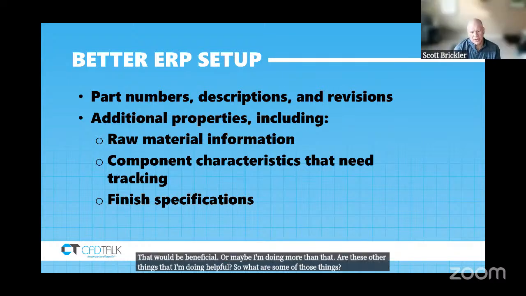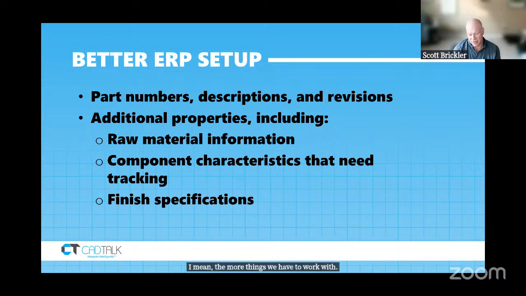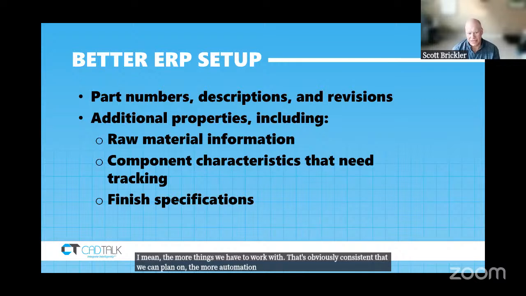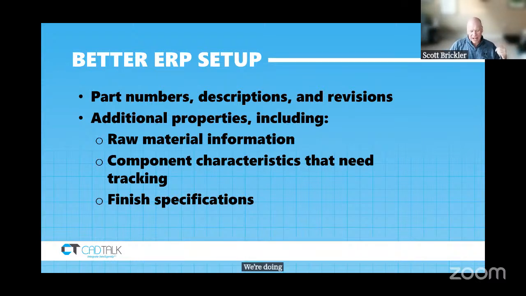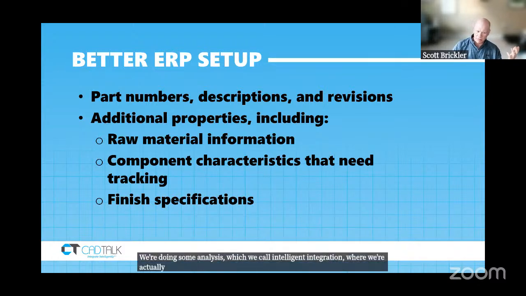I mean, the more things we have to work with that's obviously consistent that we can plan on, the more automation or the more complete the integration can be. One of the things that we do a little bit differently is that we're doing more than just taking data from one side and copying it to another. We're doing some analysis, which we call intelligent integration, where we're looking at the data from the source system and then making decisions or deriving information from that to figure out how to do it on the manufacturing side.